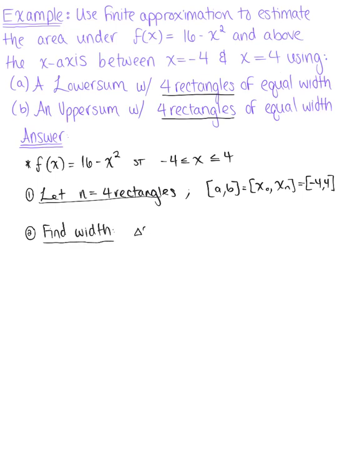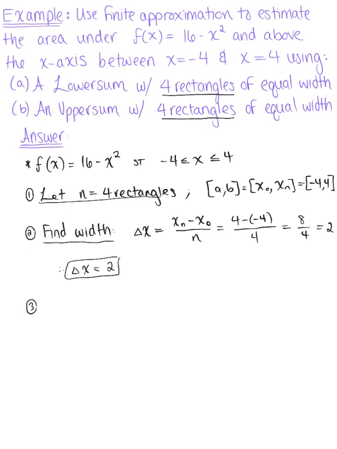We recall that the width, delta x, is equal to the length of your interval, so x sub n minus x naught, all over the number of rectangles. So I have 4 minus negative 4, all divided by 4. In the numerator, we have 8, all divided by 4, which leaves us with 2. Therefore, the width of each one of our rectangles will be 2 units long.